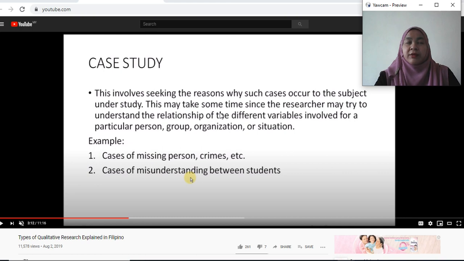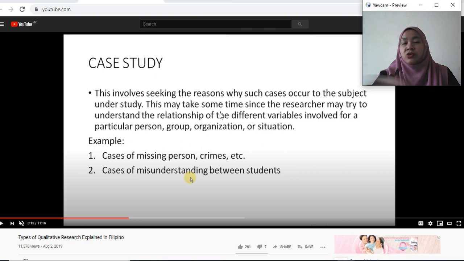So for example, in the field of mathematics education, especially for you all, for your final year project, you can do a qualitative research for case study. For example, you are trying to understand a problem faced by students in doing questions related to maybe geometry.